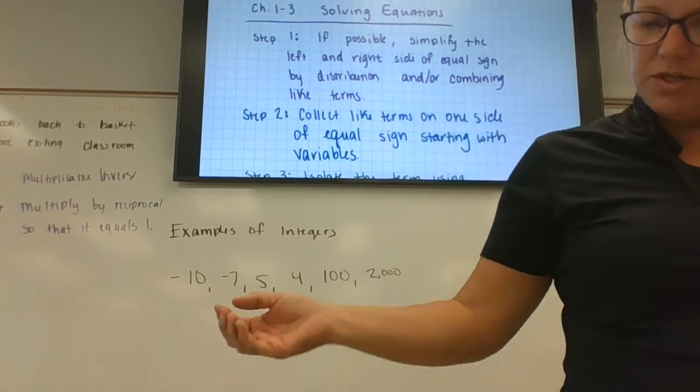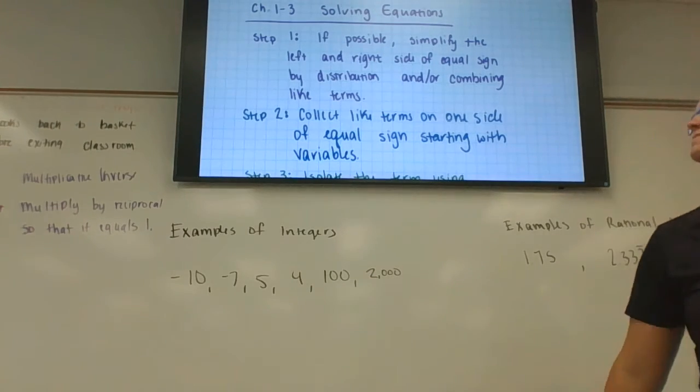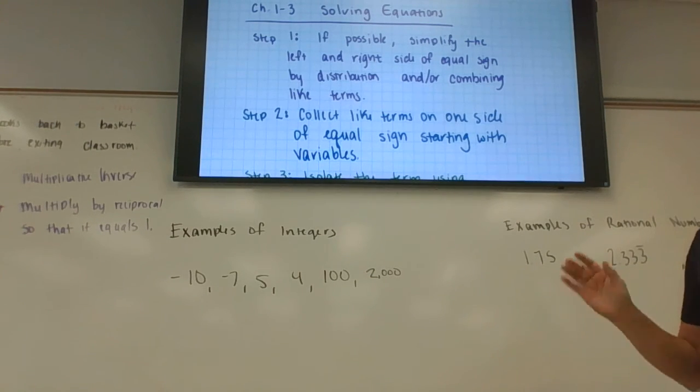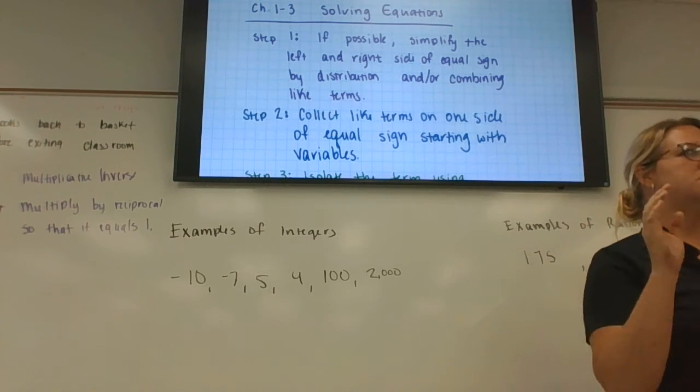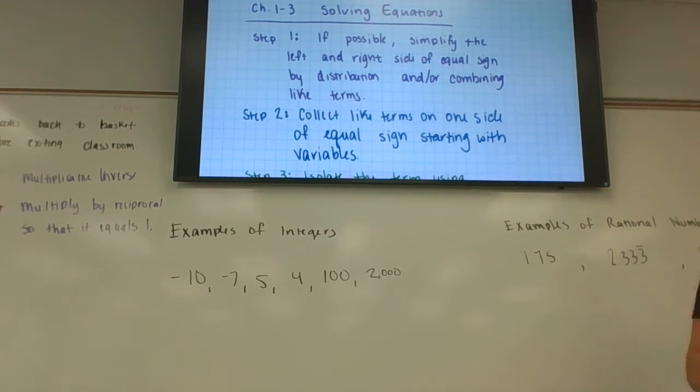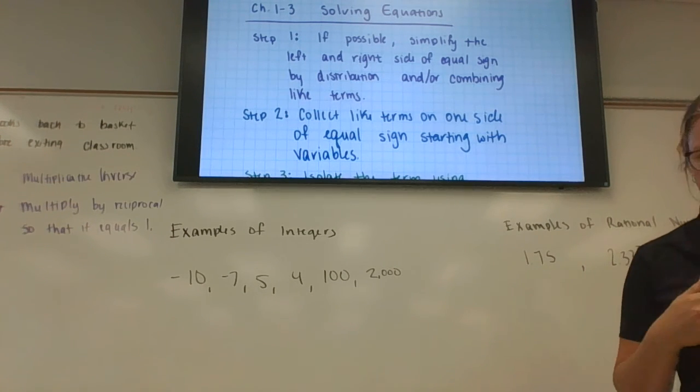Step 2, you want to bring your like terms together. Collect like terms on one side. Start with the variables. So if I had the option of subtracting 2x from both sides or adding 10 to both sides, I would start with bringing x's together.